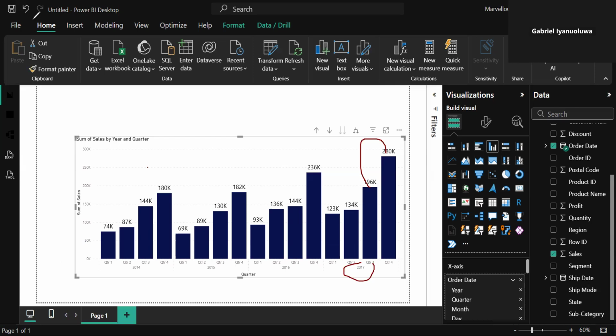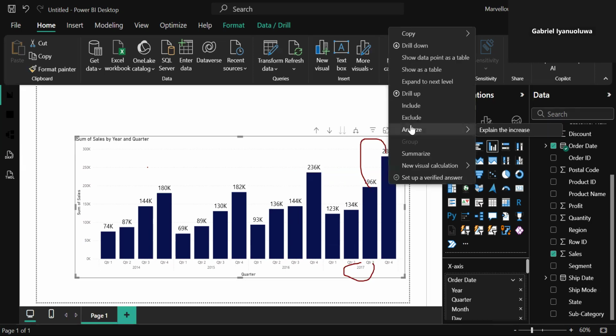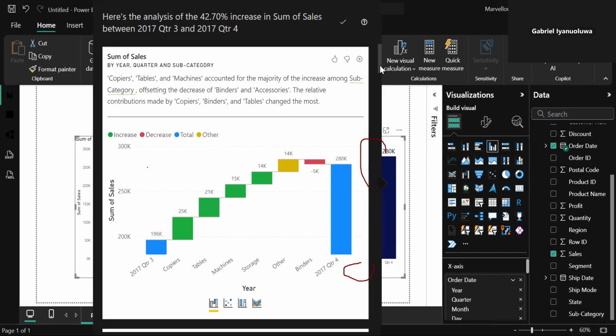Now let's check to see the people that contributed to this sales. So right click on it, analyze, explain the increase. Now let's see. We are seeing subcategories. It was telling us that copiers, tables, and machines among subcategories accounted for the majority of the increase.